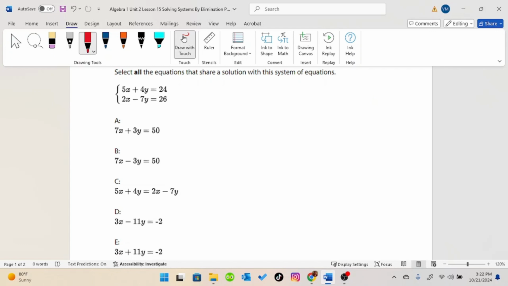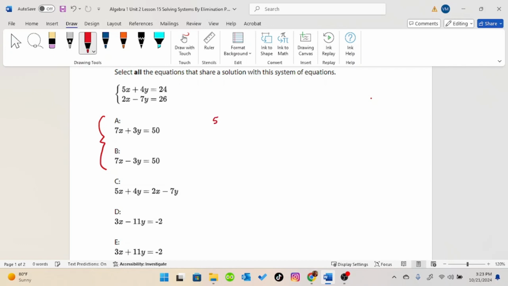The first thing I notice is that A and B both start with 7x. They got that by adding the 5x plus the 2x. So what we need to do is add these two together and see whether it would be a plus 3y or a minus 3y.